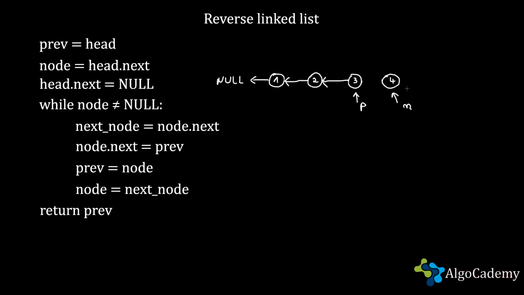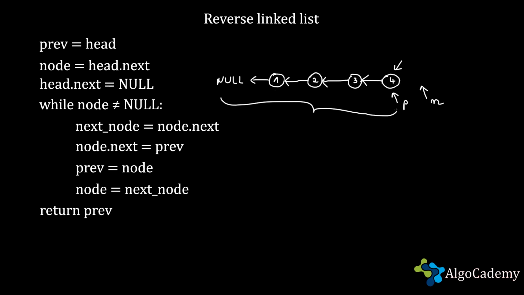Node.next = prev. So the link which actually was here to null, because that was the last node, is not going to be present anymore. And the new one is going to be this one. Perfect. Prev = node. Prev is here, and node = next node, which is null. Now the node is null, we exit the while loop and return prev, which is indeed the head of the reversed linked list, which is the correct one.